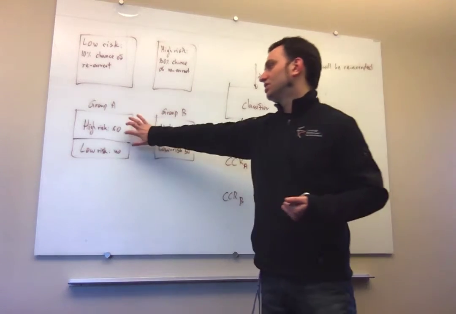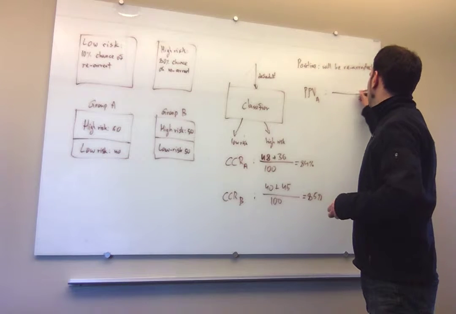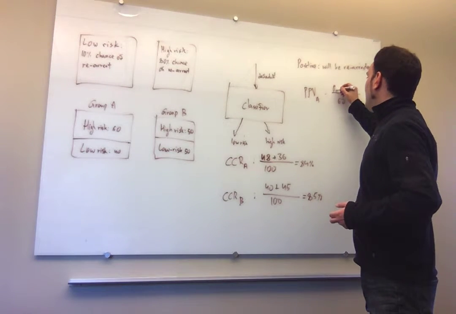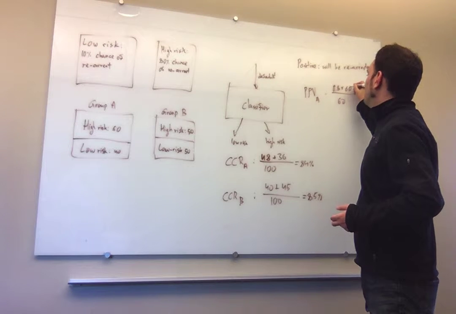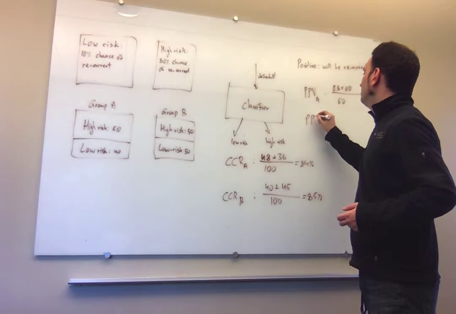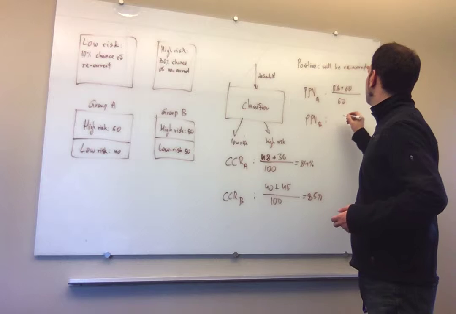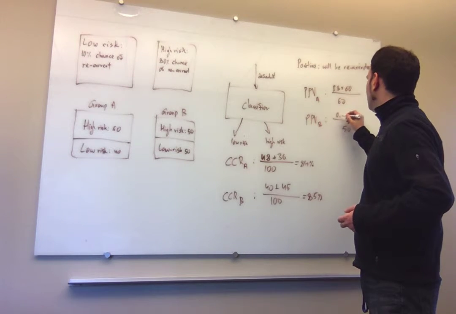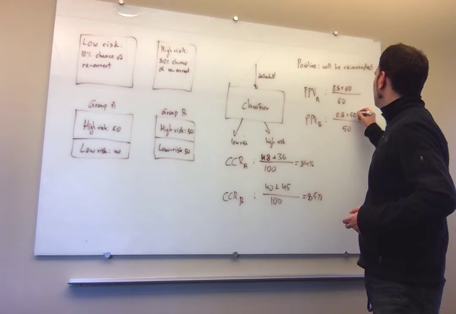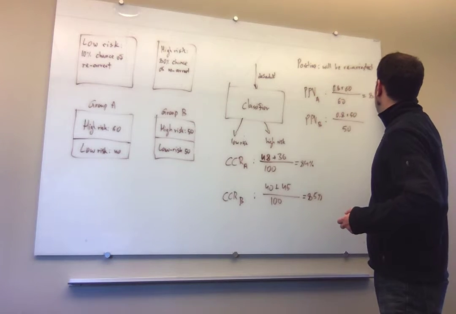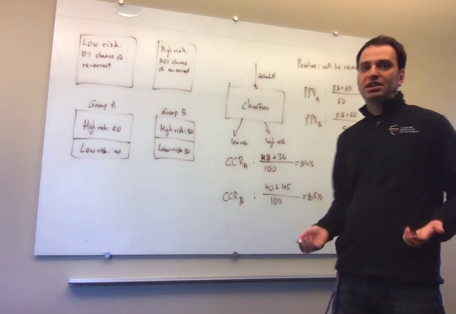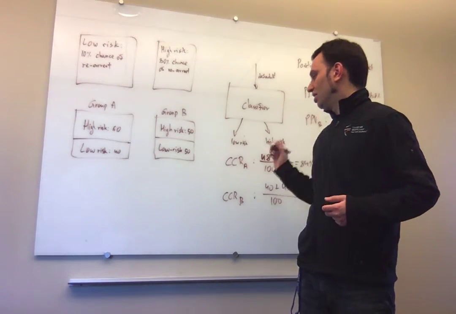So we say that about 60 people, and we are right about 0.8 times 60 people. And for B, we say that about 50 people, and we are right about 80% of them as well. So that, of course, is going to be 80%, and that is going to be 80%. So the positive predictive value here is the same.